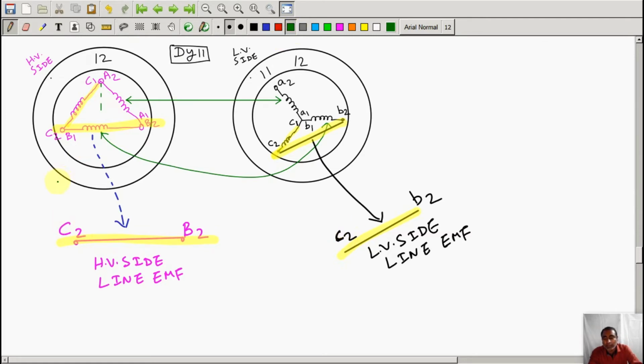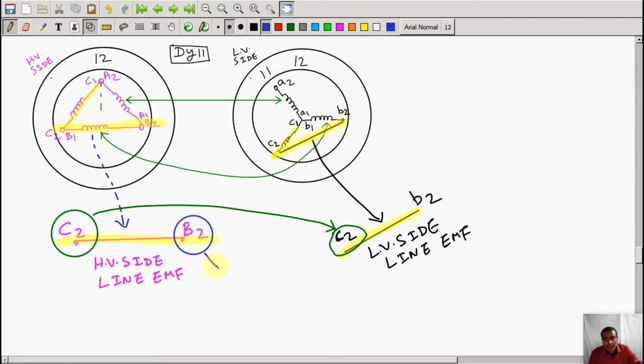Let me encircle this one. So you can join this capital C2 with small c2, like this. You can join it together, or you can join this capital B2. Let me use blue color.